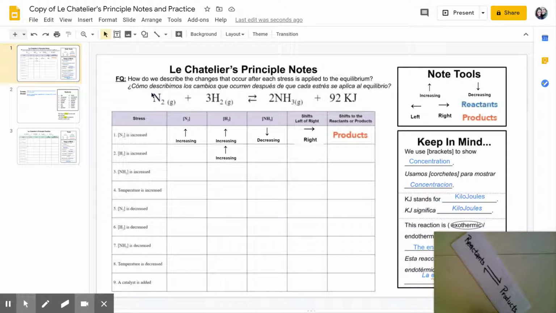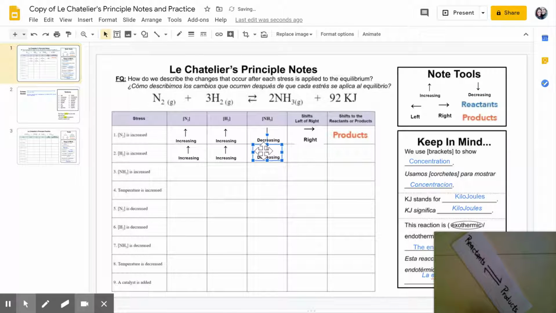So N2 is also going to be increasing. Okay? Now, when that happens, because NH3 is on the opposite side of the arrows, we notice that it decreased. It went down in concentration. So I'm going to copy and paste over the decreasing arrow.